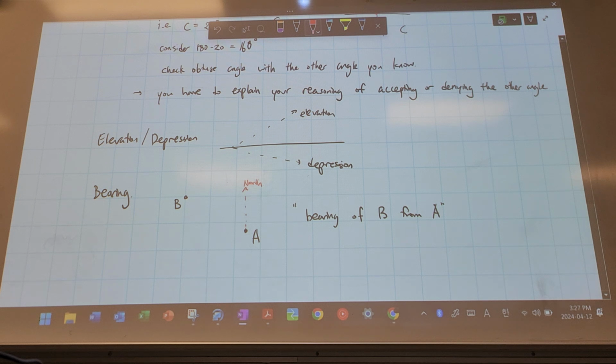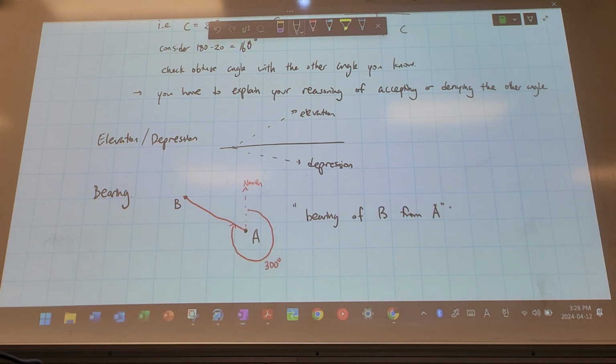Then you turn clockwise until you see B. Let's say that angle is something like 300 degrees. Then we say that the bearing of B from A is 300. Okay.